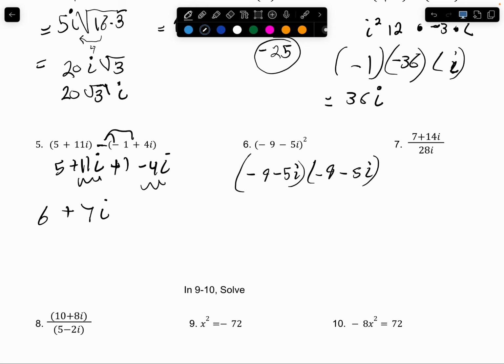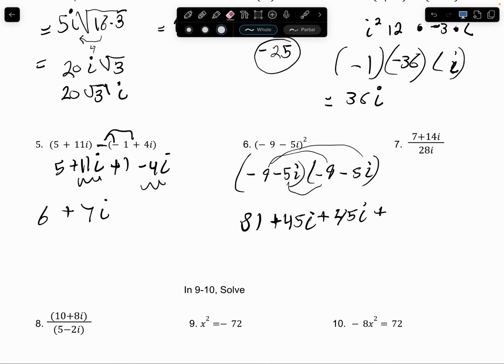This one is negative 9 minus 5i times itself. So we have negative 9 times negative 9, which is 81. Negative 9 times a negative 5, which is plus 45i. And the inside one is plus another 45i. 9 times 5, 45i. And the last one is plus negative times a negative, plus 25i squared.